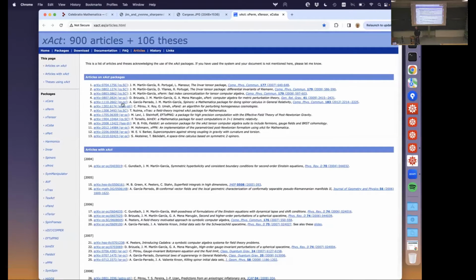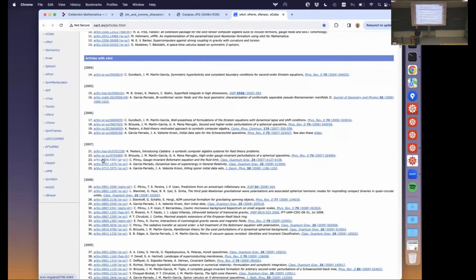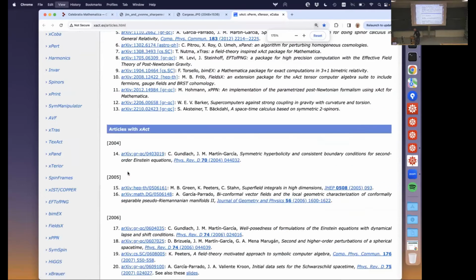So here we have papers on xAct, so papers dedicated to explaining the packages. And then here we have per year the papers that cite xAct. It's very small, so you probably cannot read it. Let me see if I can make this bigger.